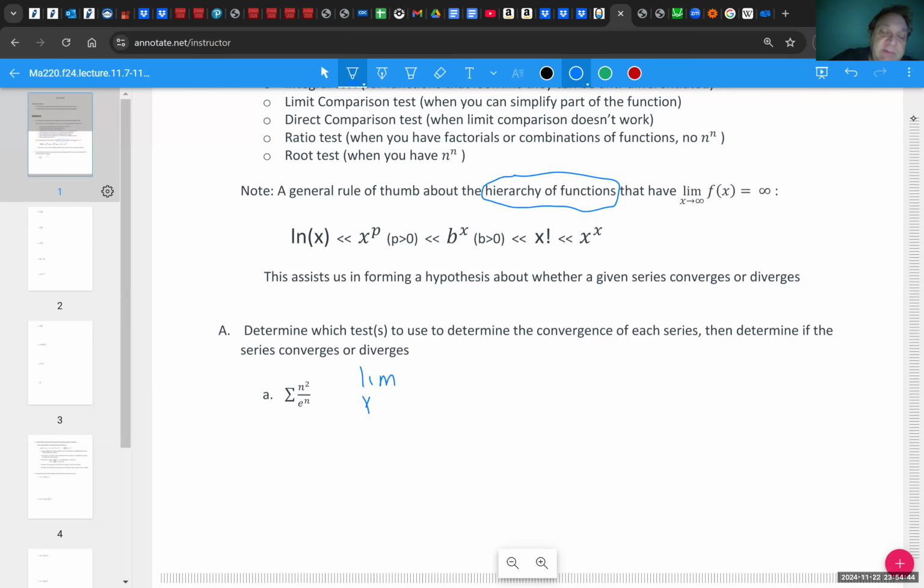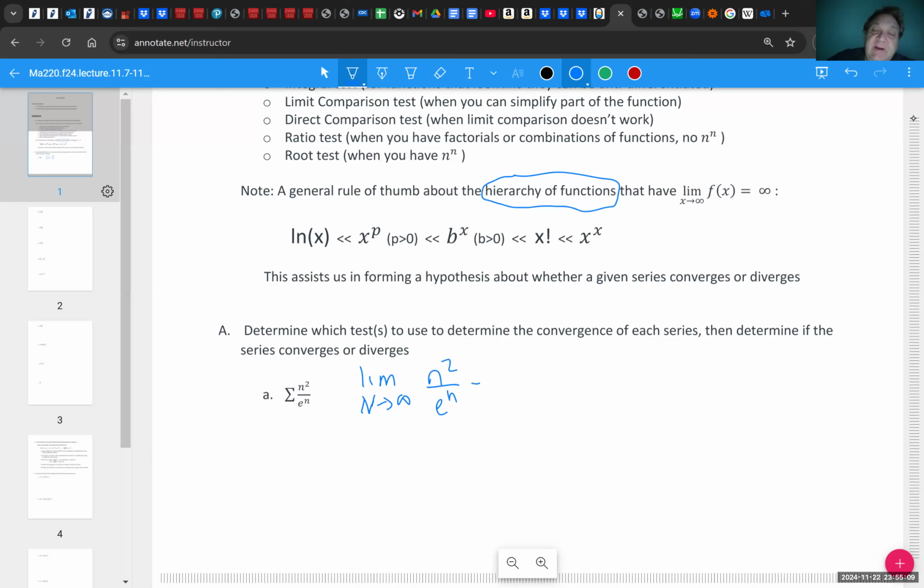So I'm going to take the limit, oops, I mean x goes to infinity of the sequence, n squared over e to the n. And if you have your series test sheet handy, or if you remember, if this limit does not equal 0, we immediately know that the series diverges.